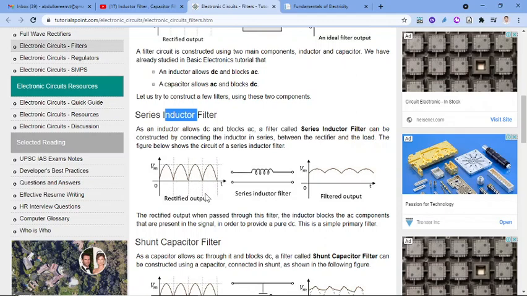The rectified output is passing through the inductor. These AC components will be blocked by this inductor and only the DC output will be obtained. Now this is the output of the rectifier filtered using a series inductor filter.